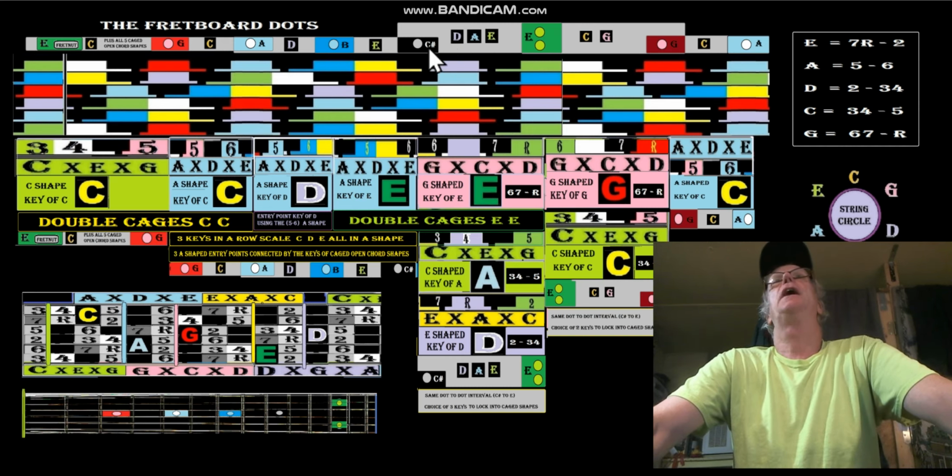But let's look at the dot from C sharp to the double octave.